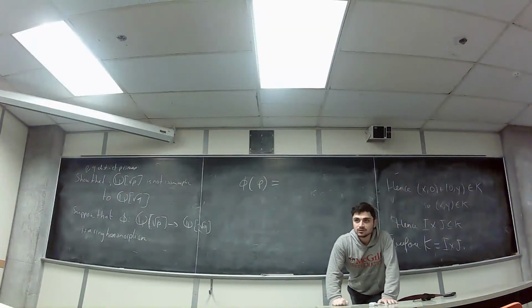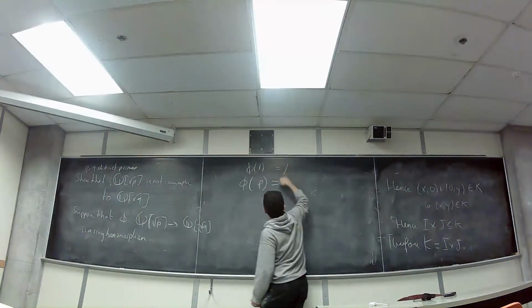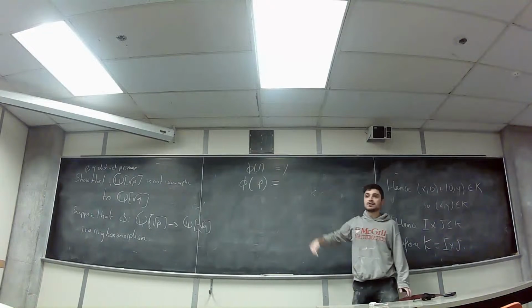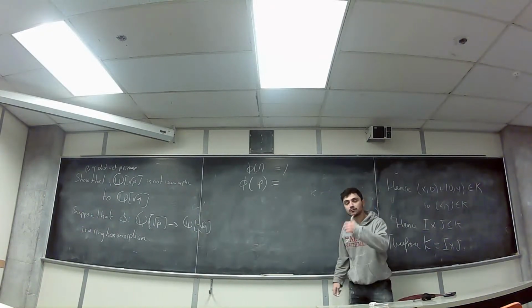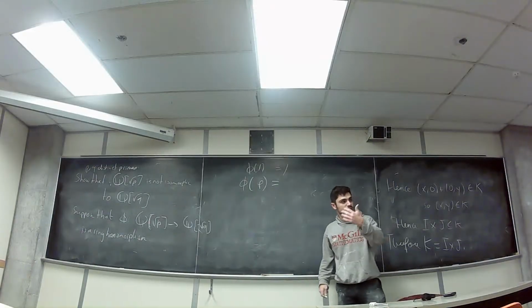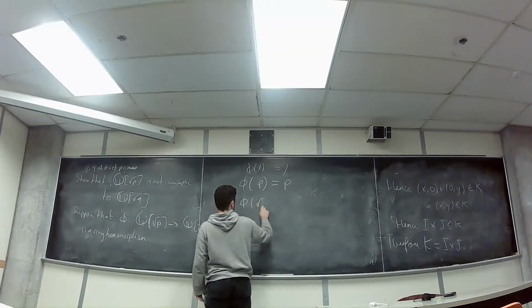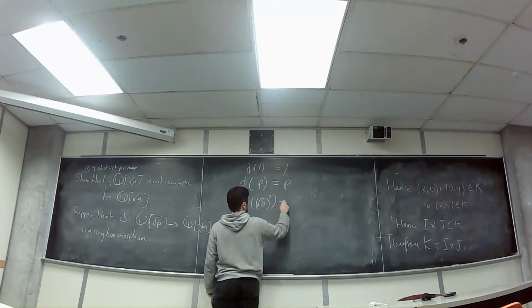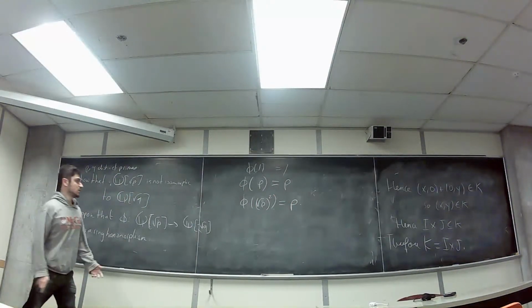What is phi of 1? Phi of 1 is equal to 1. Agree or not? So what is phi of P? P, right? Because it's phi of 1 plus 1 plus, P times. Now what's phi of root P? So phi of root P squared is equal to P. Agree or not?